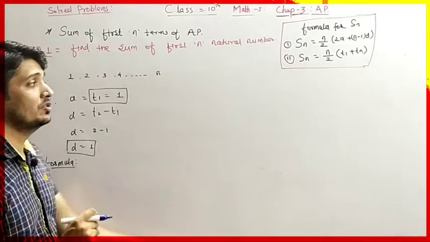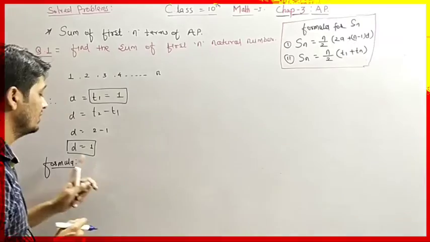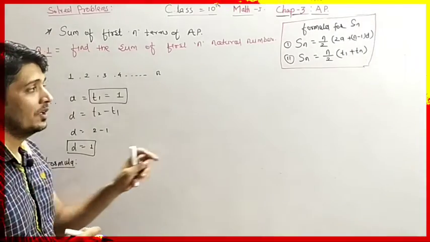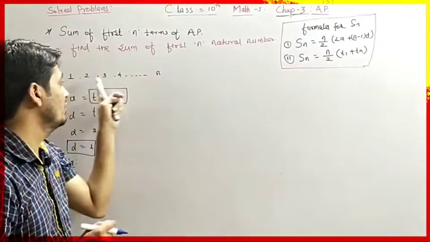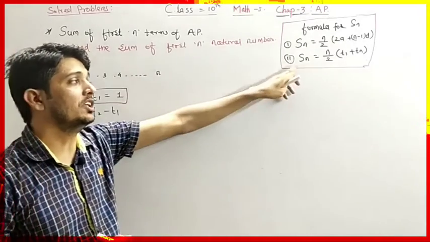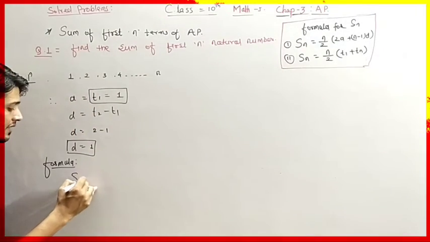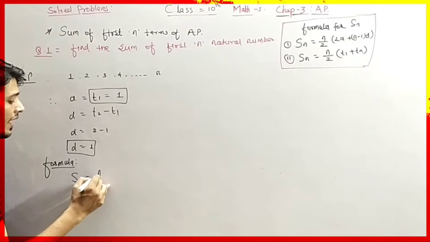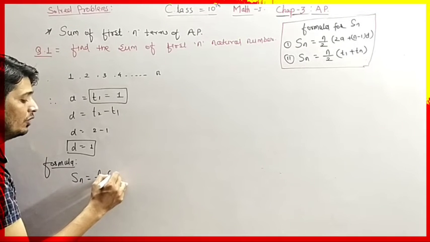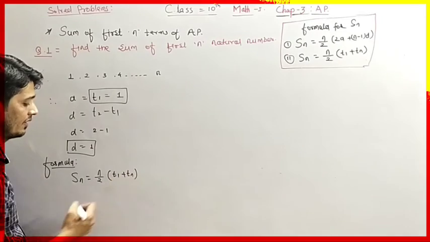Okay. So by using any one of the formulas from this, we can calculate the sum of first n terms. See here we have the first term as well as the last term. So we can use this formula. The formula will be Sn equals n divided by 2 into T1 plus Tn.